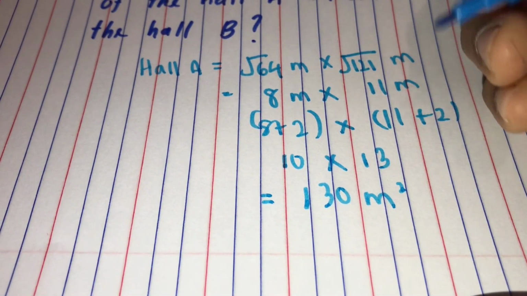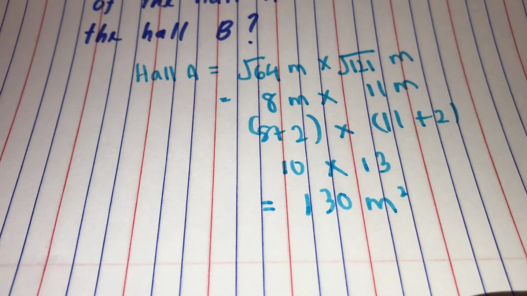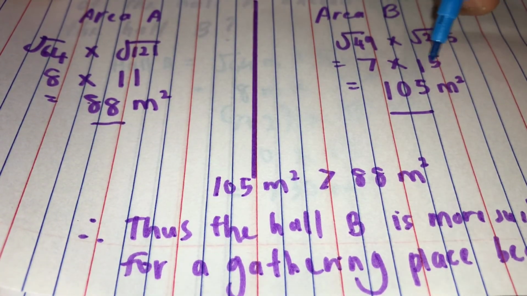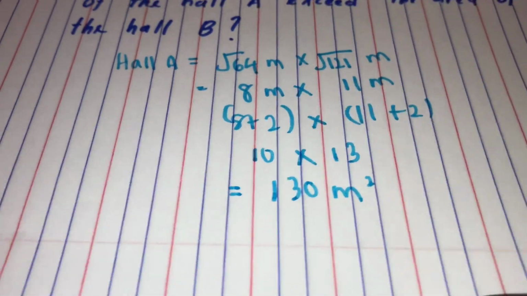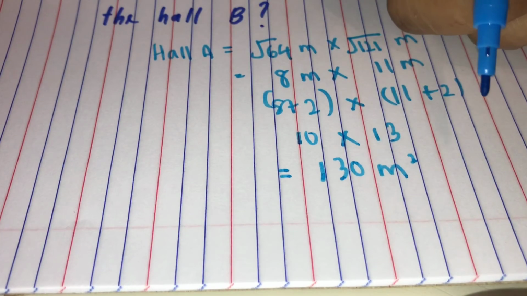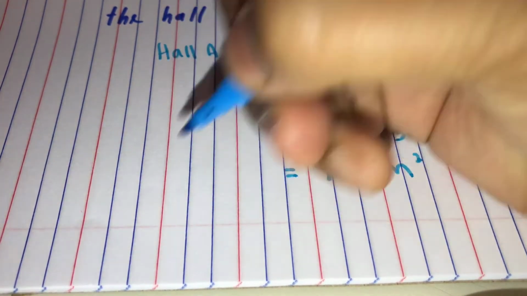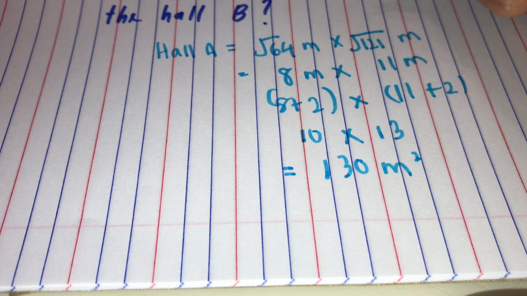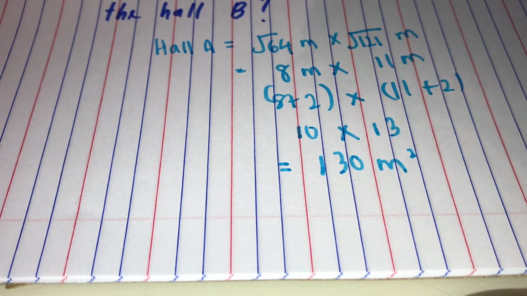The value is greater than hall B, right? Just now you got hall B equals 105. Now if the length and width increase by 2 meter, hall A becomes 130 meter square. So the question: does the area of hall A exceed the area of hall B? Yes.